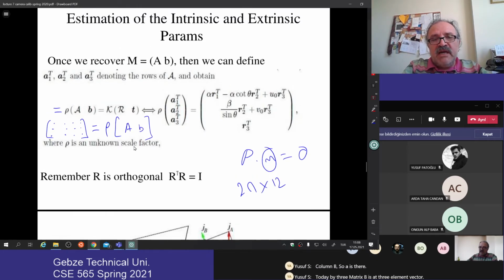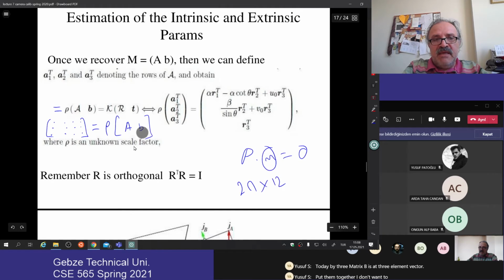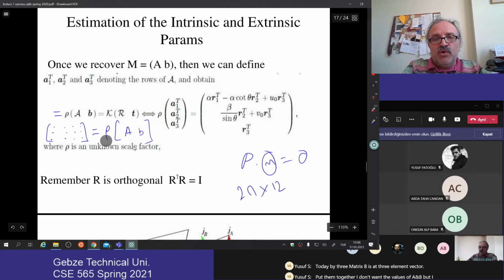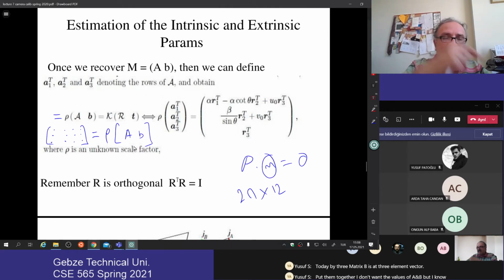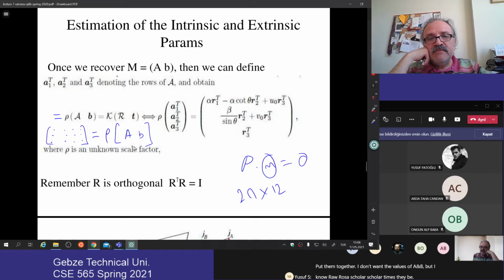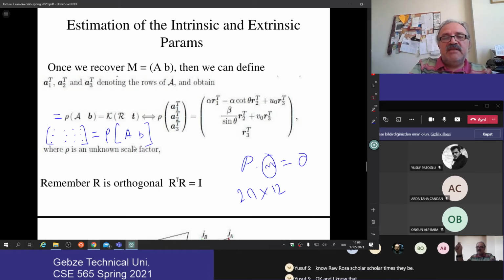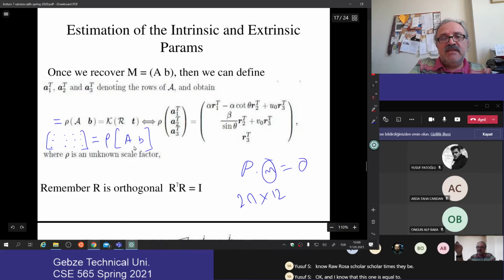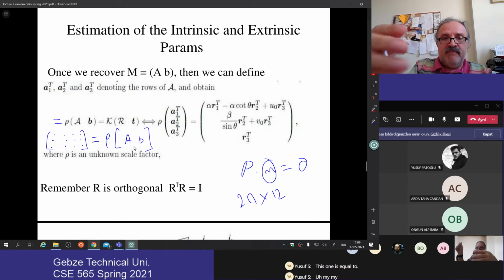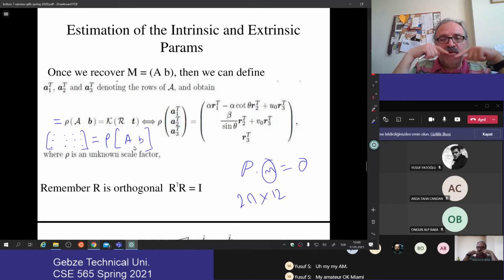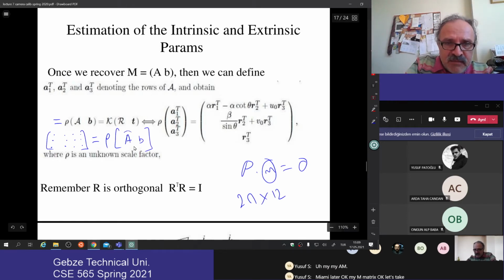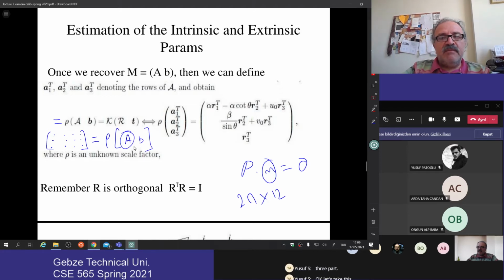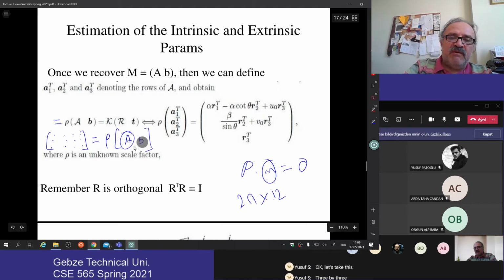I don't know the values of A and B, but I know rho is a scalar times AB, and I know that this one is equal to my M matrix. Okay, let's take this 3 by 3 part and let's ignore this B for a while.